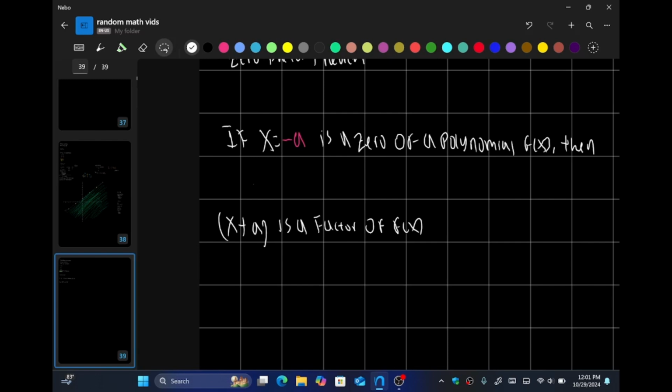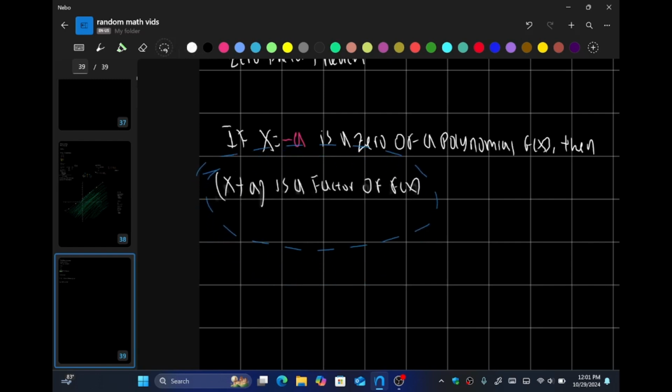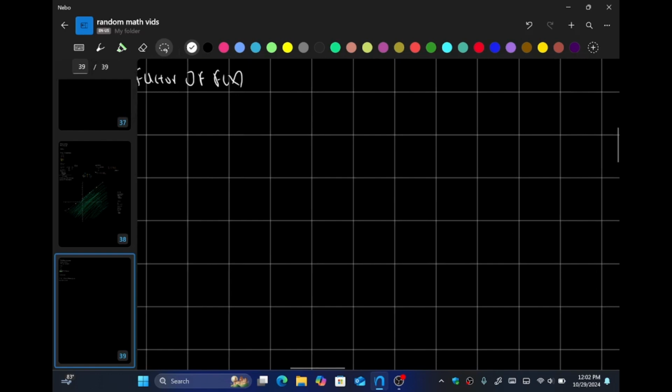So we want to understand that, guys. Just like if I say, for example, x plus 2 times x plus 1 equals 0, I know that this is x equals negative 2, x equals negative 1. So these are my zeros.